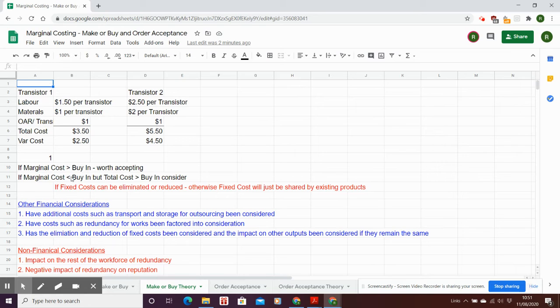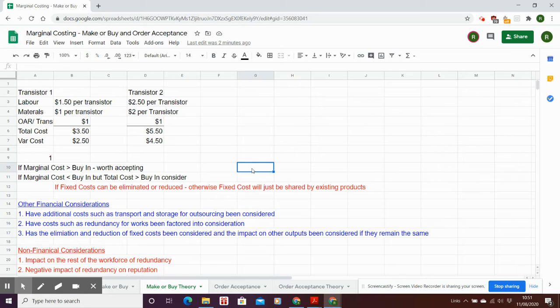Okay, the first rule is basically marginal cost is greater than the buy-in, then it's always, in terms of a financial answer, going to be worth accepting the offer to buy it in.